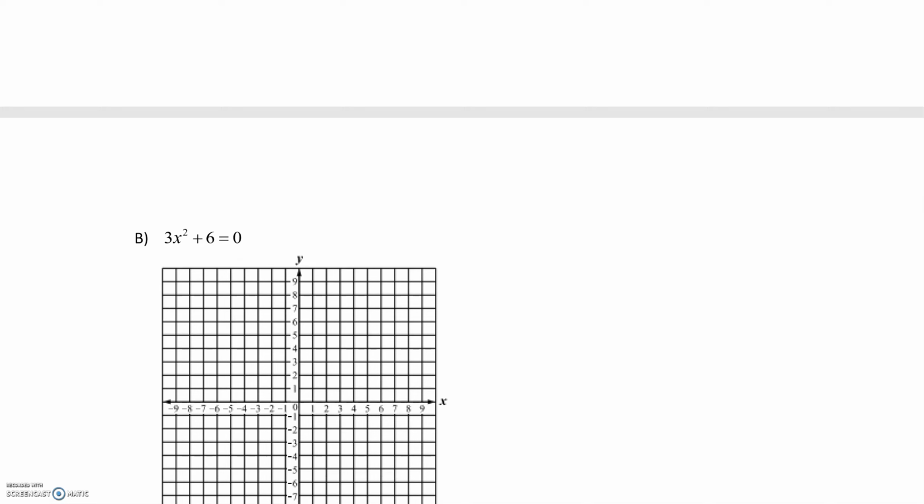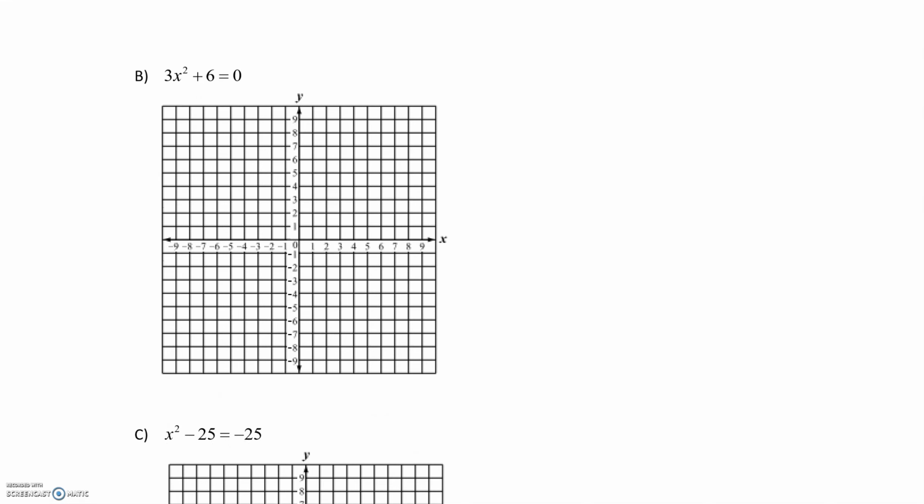This one over here, we're going to have our vertex at 0, positive 6. And our parabola should look something like this. So there are no solutions here because it does not cross the x-axis.